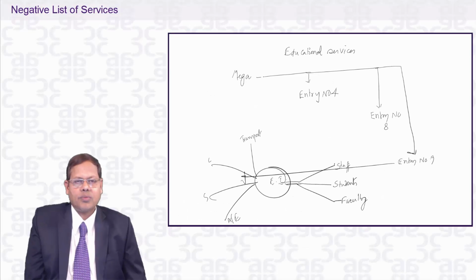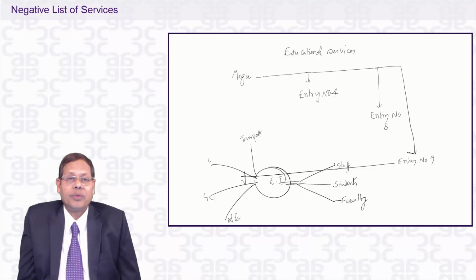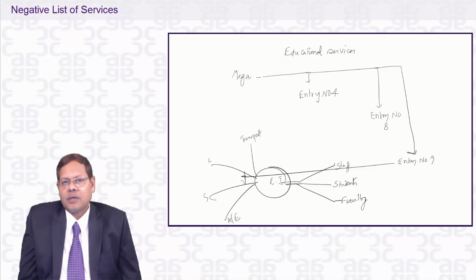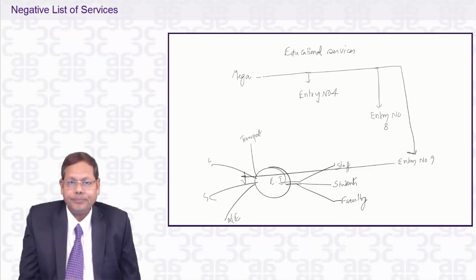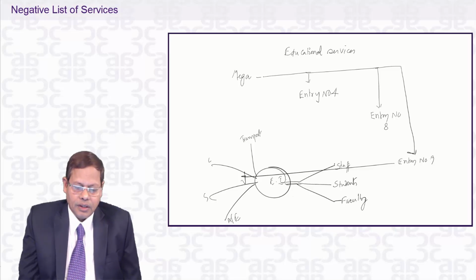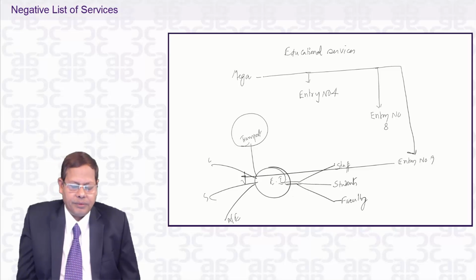Any transport services provided to educational institution which is enjoying the benefit of negative list. Say for example up to 12th standard, colleges, schools, whatever it is, recognized under a law. Okay. So here, see, the transport services are exempt.